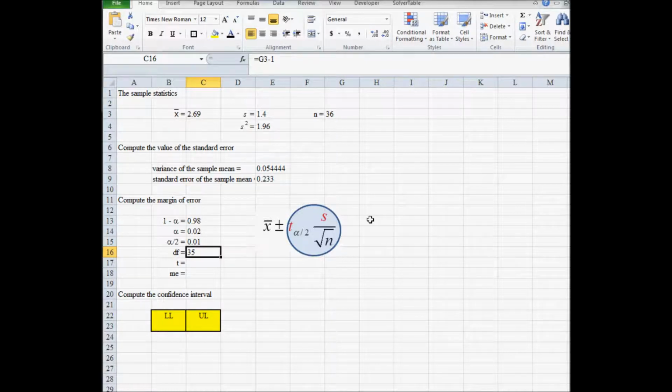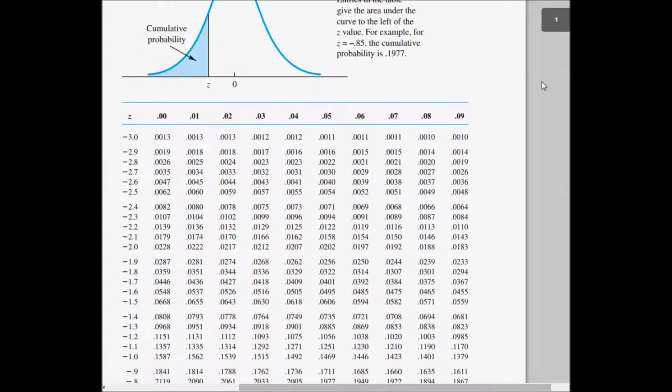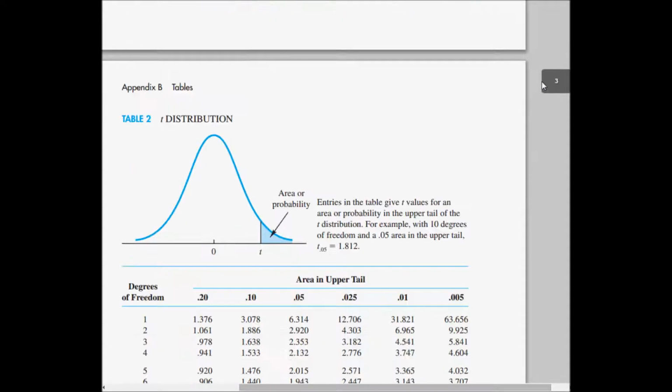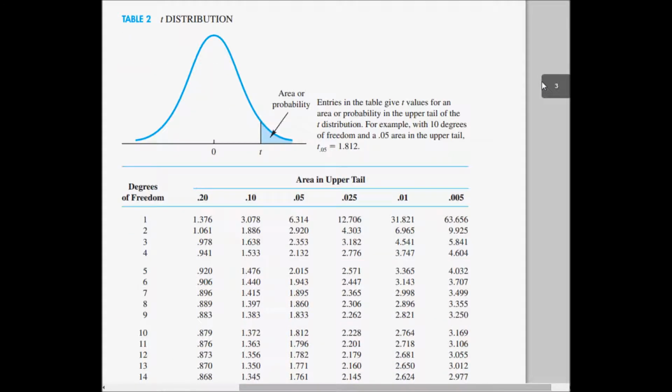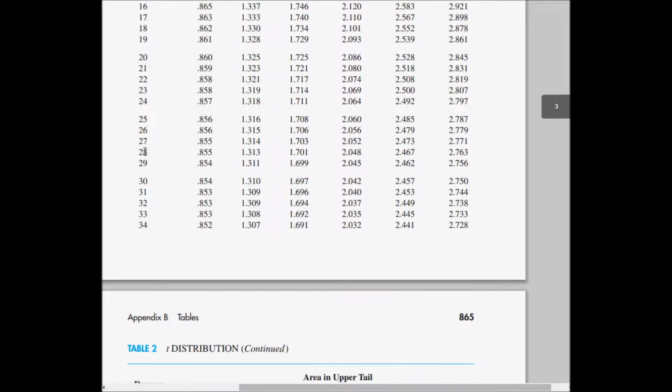We have to go to row 35 of the table of t distributions, and then we're in column 0.01. We can access the t distribution from my teaching website. Then we'll scroll through the standard normal tables to the t distribution table, and then to the row which corresponds to degrees of freedom, row 35.